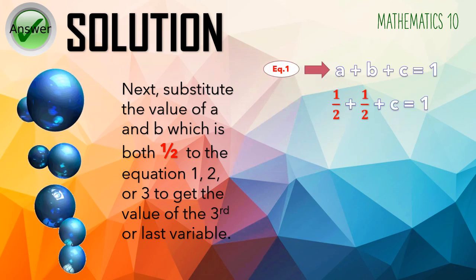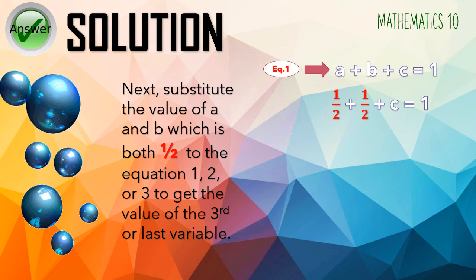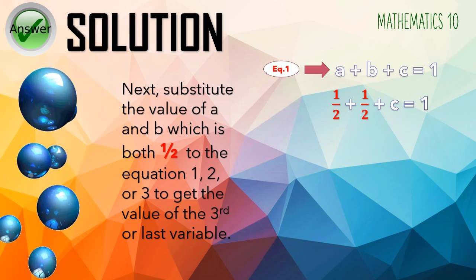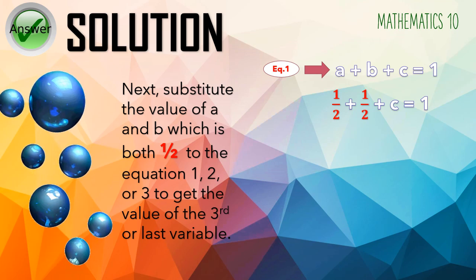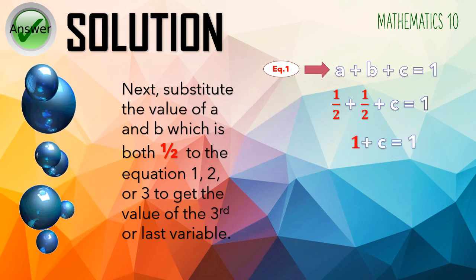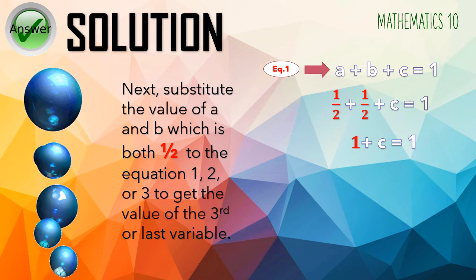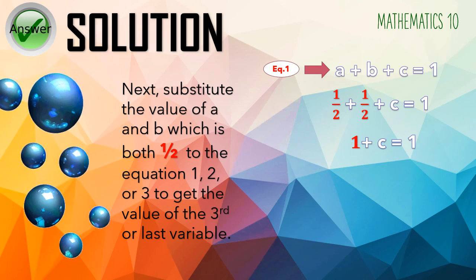So 1/2 plus 1/2 plus c equals 1. I've substituted it already. Now let's combine 1/2 plus 1/2 because they are like terms, they are constants. So 1/2 plus 1/2 is 1. As you can see, it's not yet final. We need to isolate the c.